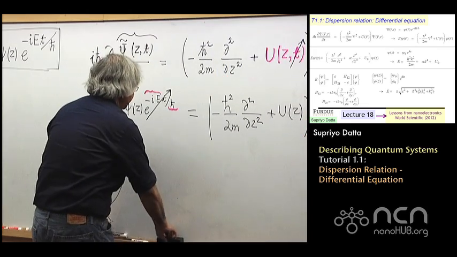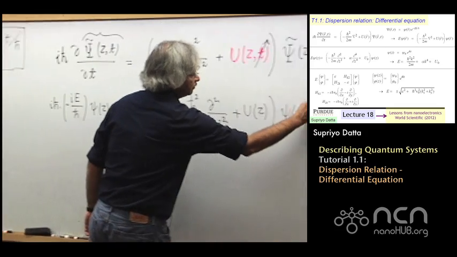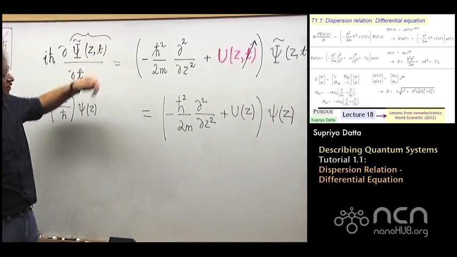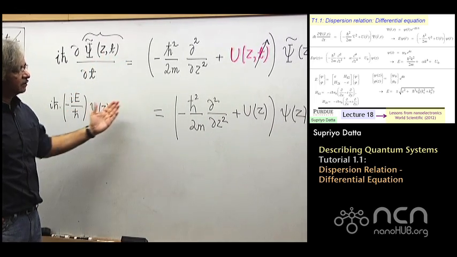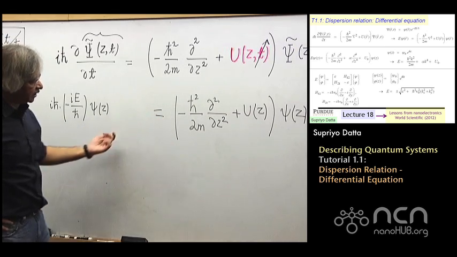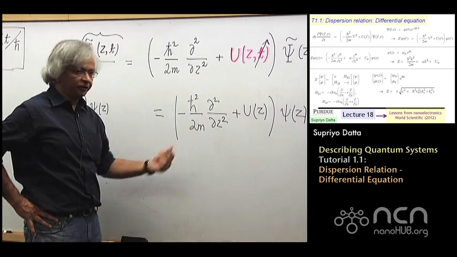And what I'm left with then is a differential equation that does not involve time anymore. So you see what I had earlier was a partial differential equation with z and t. Now I have a differential equation with just z. Right? I guess we could replace this partial derivative with an ordinary derivative.